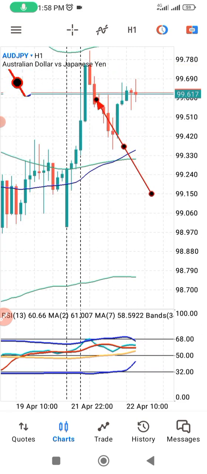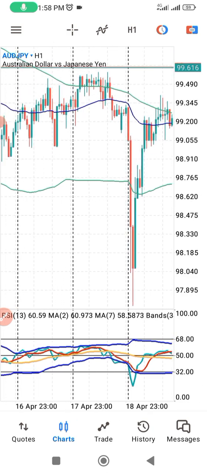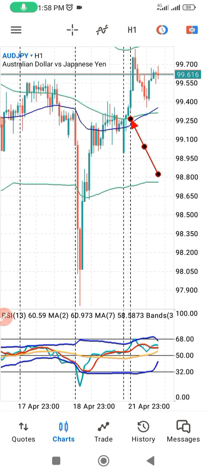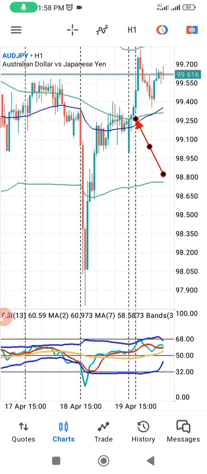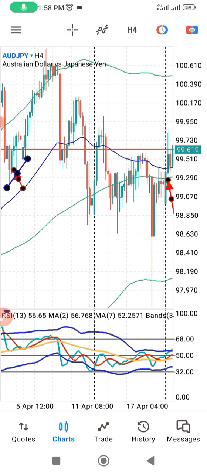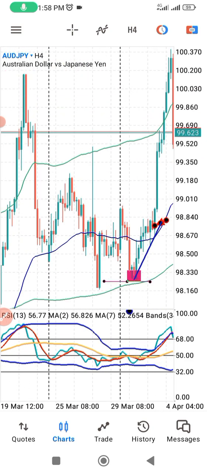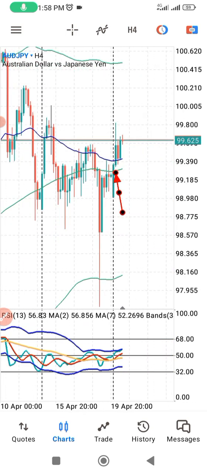Now, the pin bar is not only traded based on the moving average. You can as well mark out your areas of support and resistance. You go to your H4 time frame, you mark out your support and your resistance, just as you are seeing in this zone.